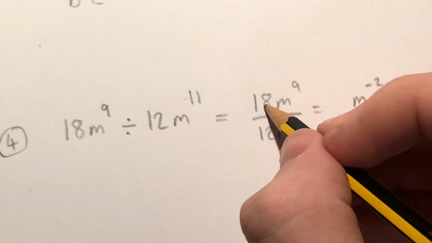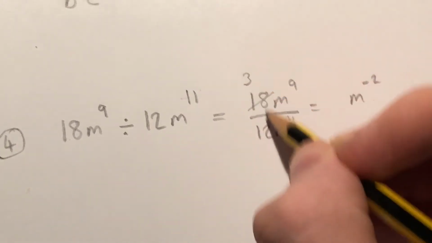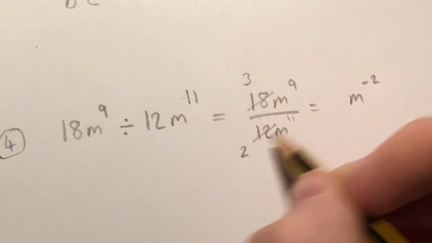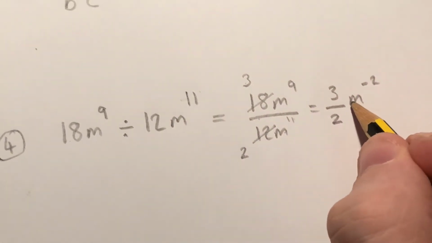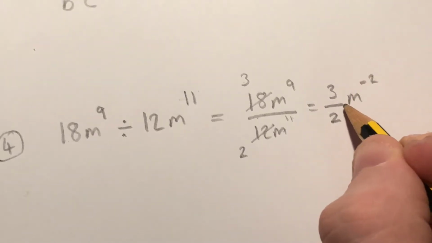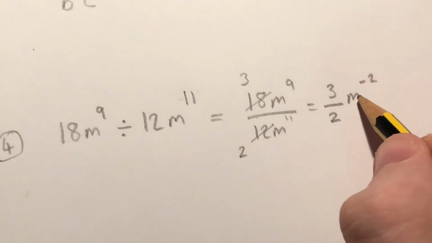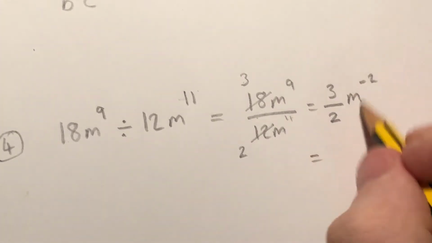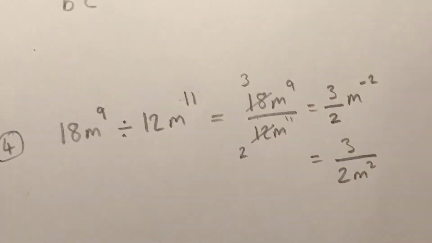However, they're both divisible by 6. So if I divide 18 by 6, I get 3. If I divide 12 by 6, I get 2. I'm left with 3 upon 2. So 3 over 2. And you notice how the m is not part of this fraction here. It's at the side of it. The 3 upon 2 has become a coefficient. However, we do know that if we've got a negative power, this should go to the bottom of the fraction. So we can rewrite this as being 3 over 2m squared.